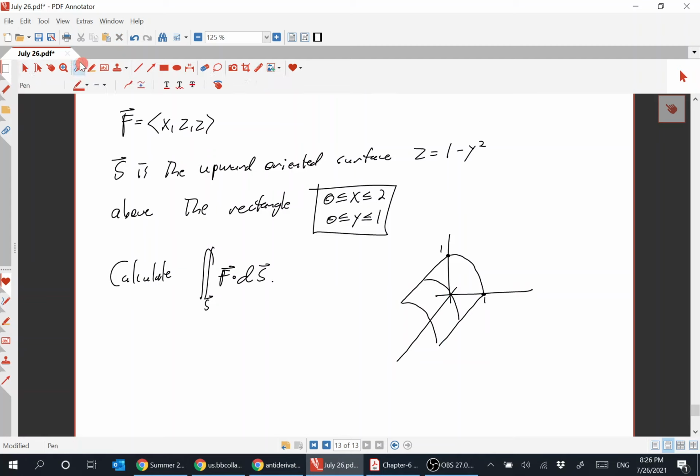Like that. So this is the surface, all the way down to x equals 2. And it's oriented up.